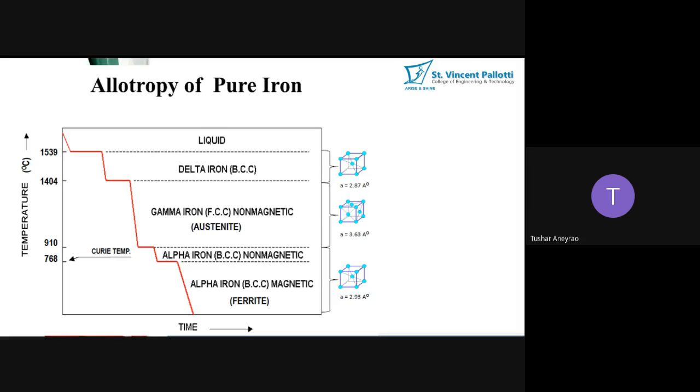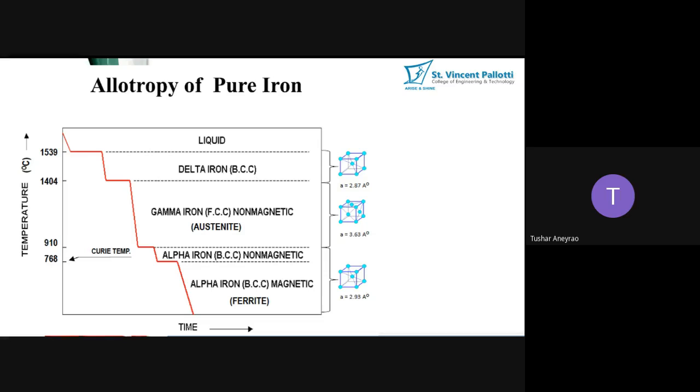Okay. So now these are the allotropes of iron. We have seen this concept of polymorphism and allotropy. So what is the meaning of allotropes of iron? Allotropes of iron means these are considered as the various phases when we are mixing iron and carbon. They have different crystal structures. So based on the crystal structure, I have differentiated the phases, right?